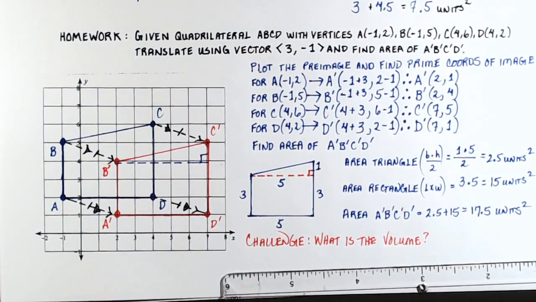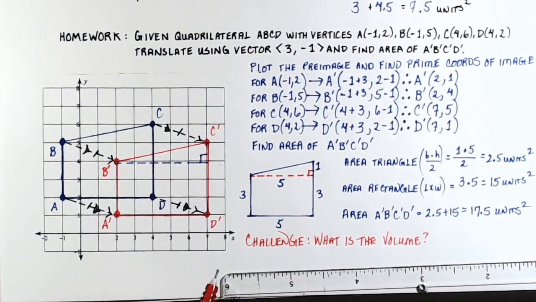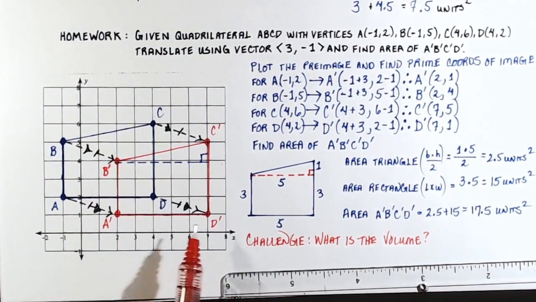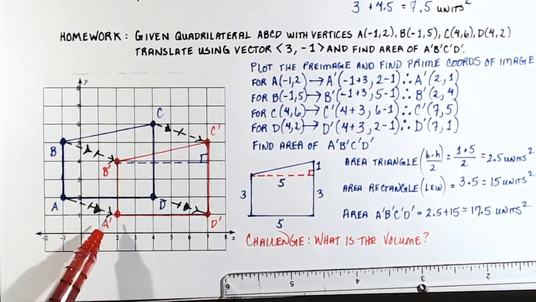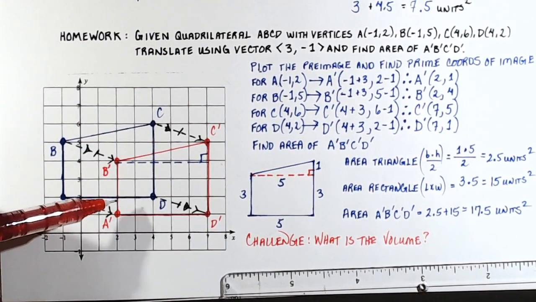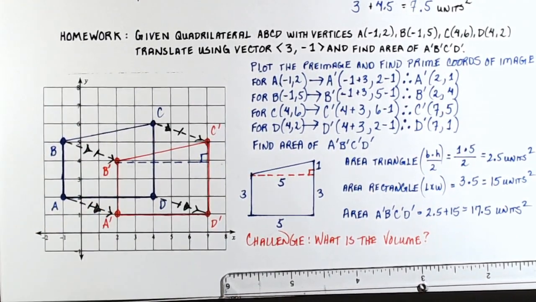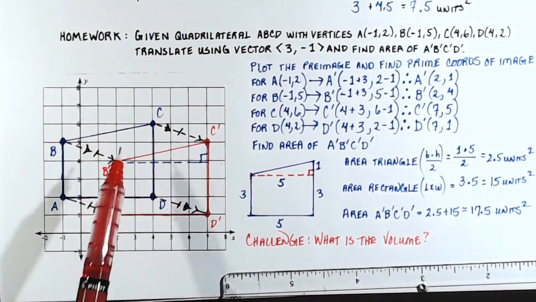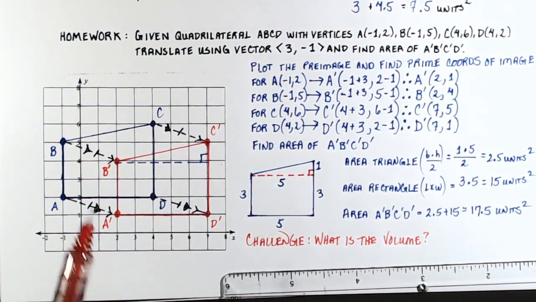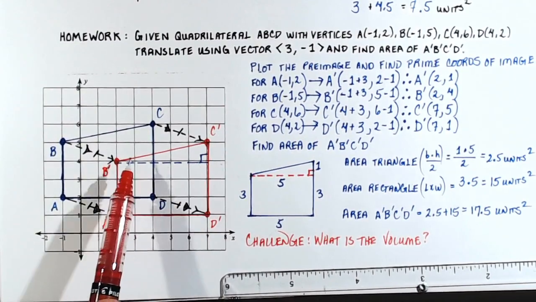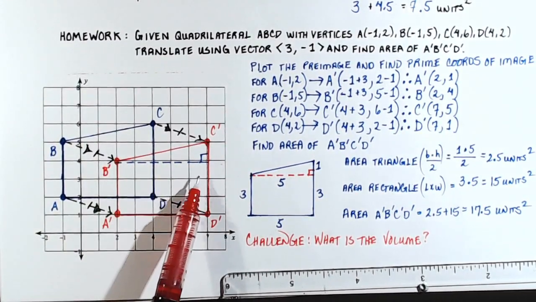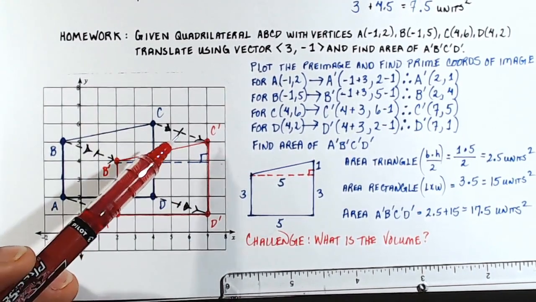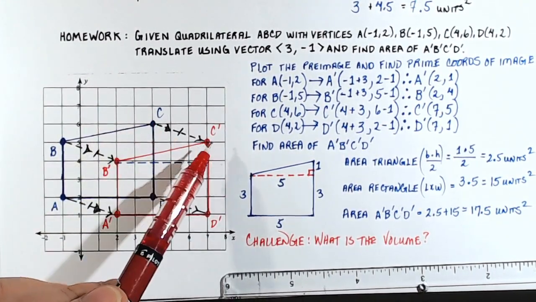Anybody interested in doing it, volume is just length times width times height. So this length times this width times this height. Then you take that volume and add it to the volume of this triangular prism up on top, which would be base times height divided by 2, or the area of this triangle times the length, the distance from C to C prime.